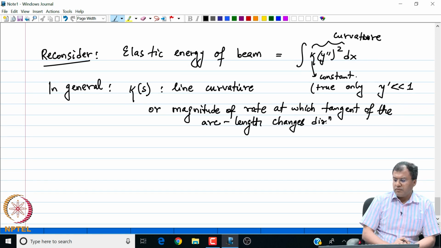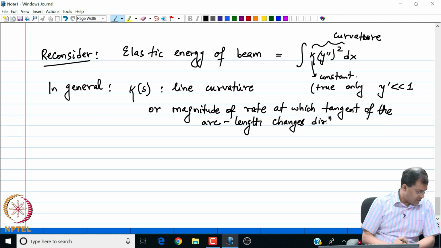So it is also the magnitude of the rate at which the tangent of the arc length changes direction. Okay. So what exactly is kappa of S?